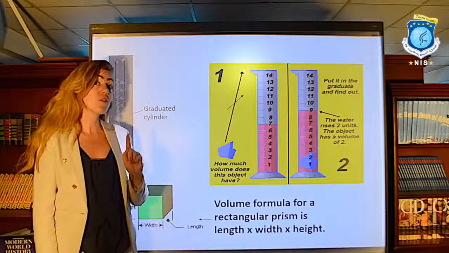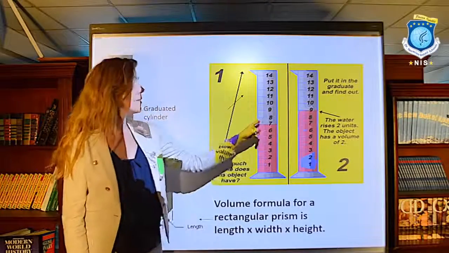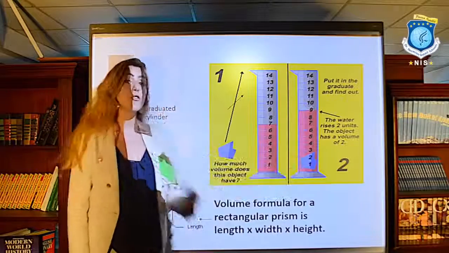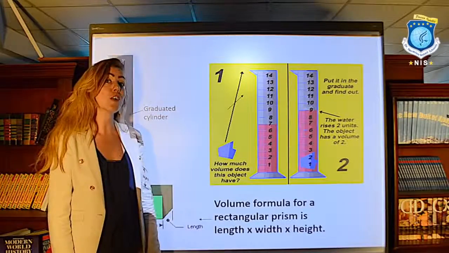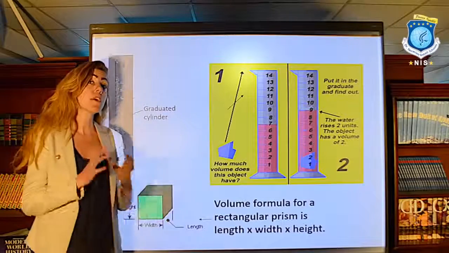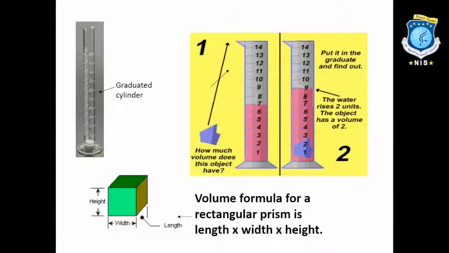Now, to measure the volume, I subtract 7 from 9, and that gives me 2. So the volume of this irregular solid is 2. So whenever you have an object that doesn't have a regular shape, it's an irregular solid, use the graduated cylinder to measure the volume of that solid.